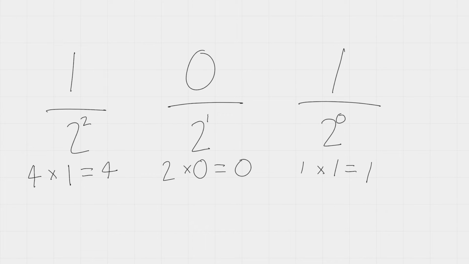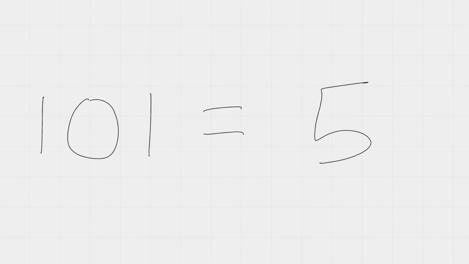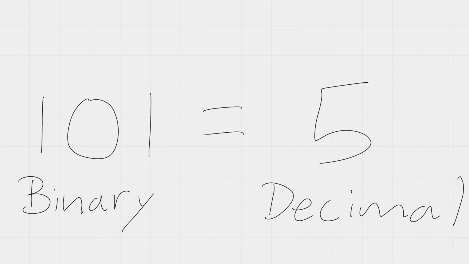So when we add all these up, 4 plus 0 plus 1, we get the number 5. So after that, we now know that the value 101 is equal to 5, where the number 101 is in binary and the number 5 is in decimal. Let's try this with a more complicated binary number now.